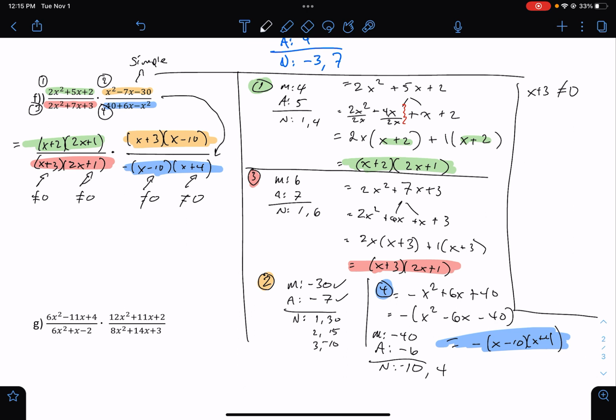So from that, we're going to see x can't equal negative 3. That's one restriction. Okay, also from the red piece, we can't have 2x plus 1 equal 0 either. And so 2x can't equal negative 1.